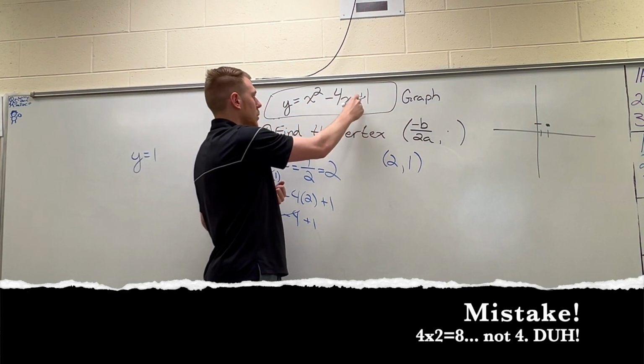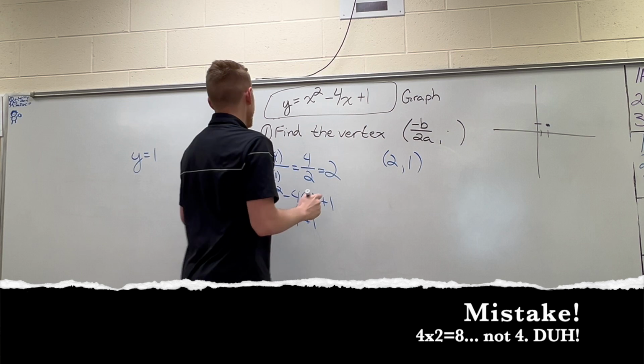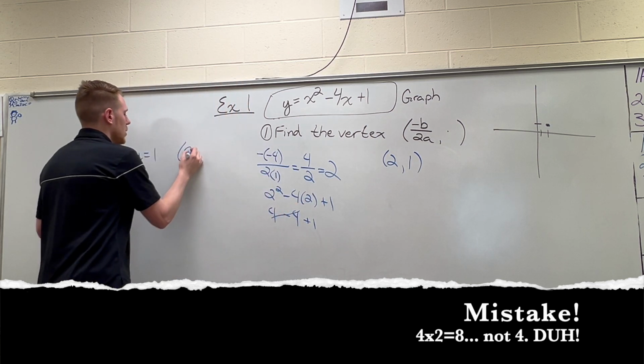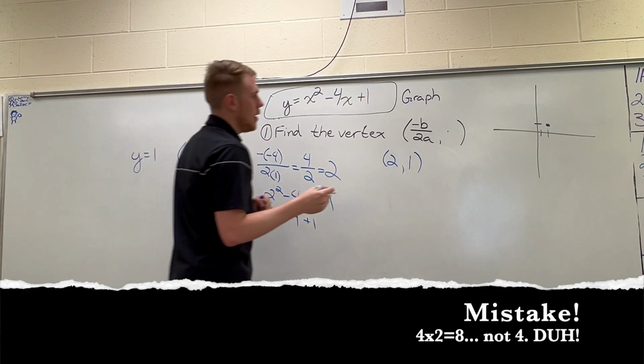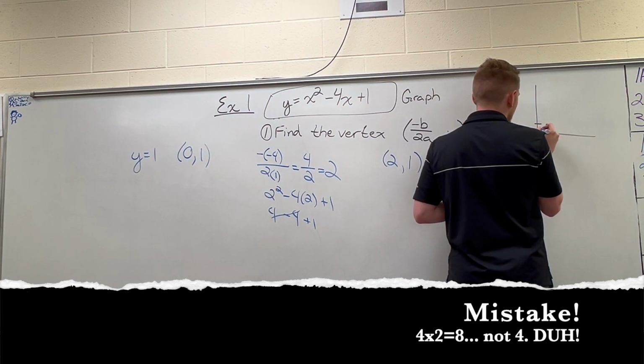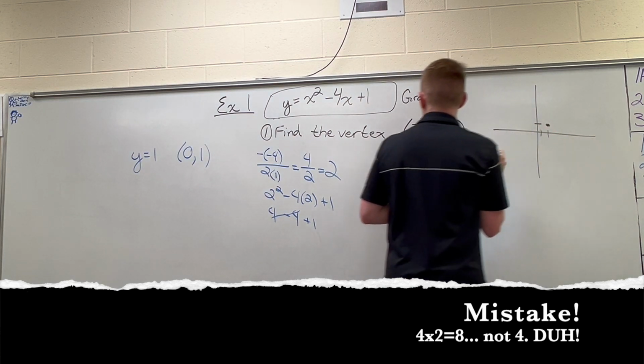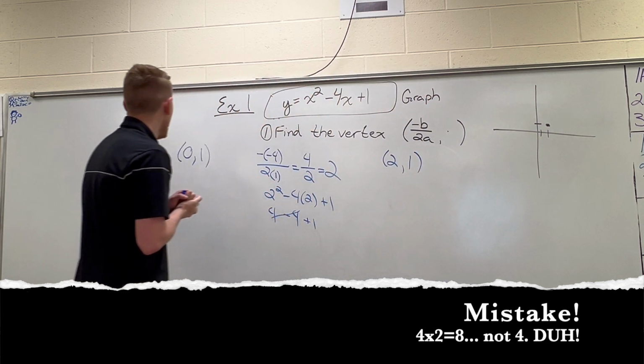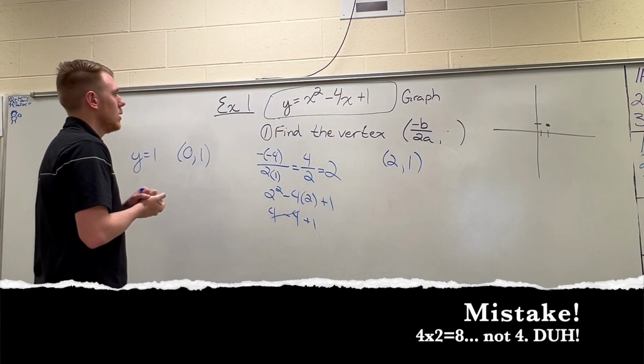All I'm left with is plus 1, so y equals 1. So this point becomes 0, 1, okay? So, over 0, up 1. That cannot be right.